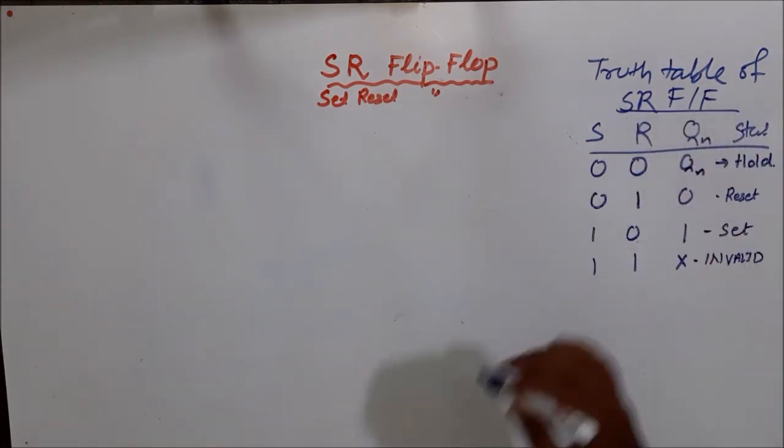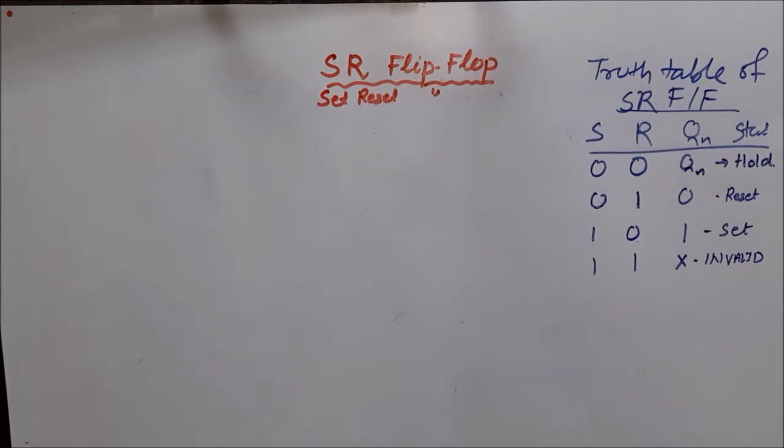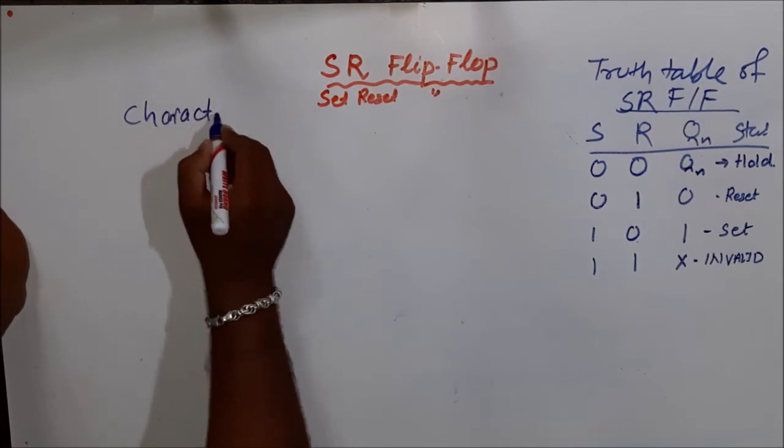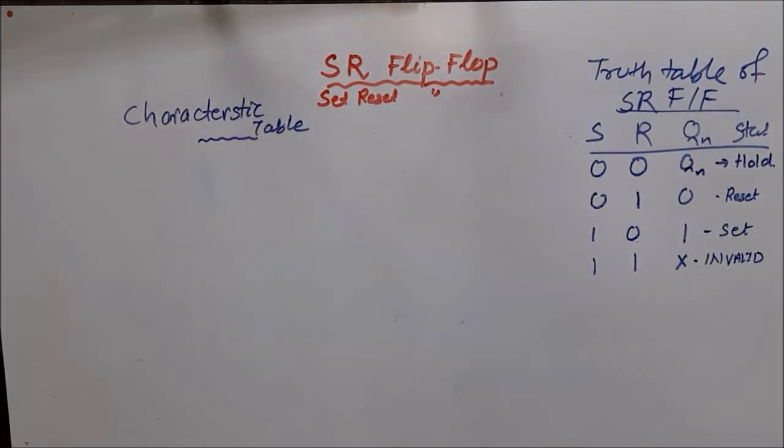So once we find the truth table of SR flip-flop, we have studied about the truth table, and we need to study about the characteristic table, and the characteristic table is nothing but the extended version of the truth table. Okay, so it's called characteristic table. Characteristic table takes the input S and R and it makes a relation between the previous state and the next state. So let's study about this.